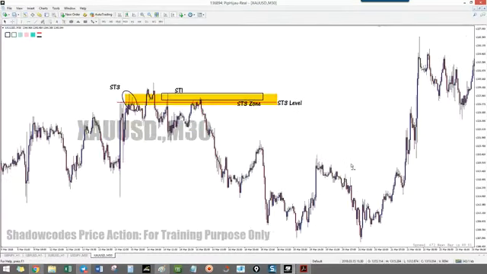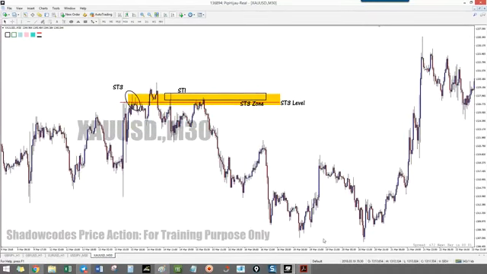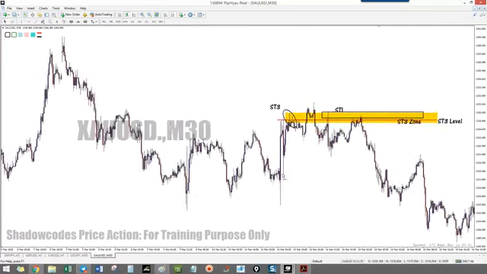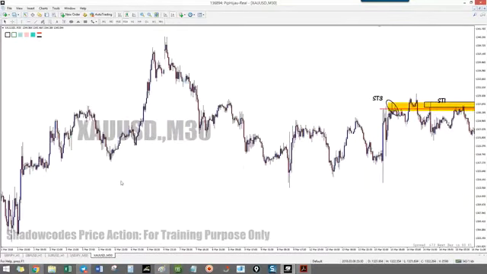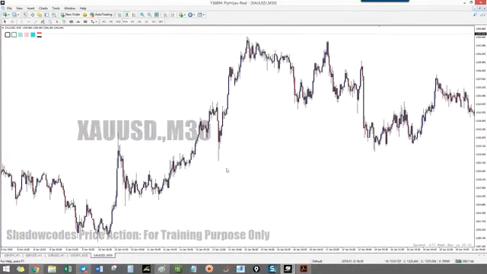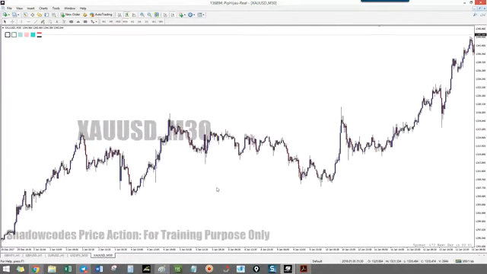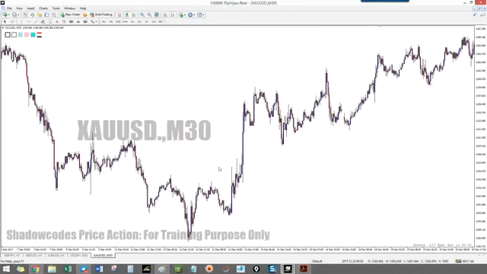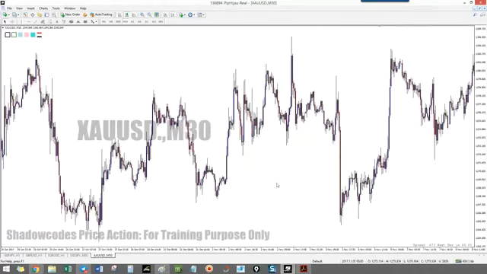Can we find a buy setup? Let's see. Buy setup. Cannot find a buy setup.